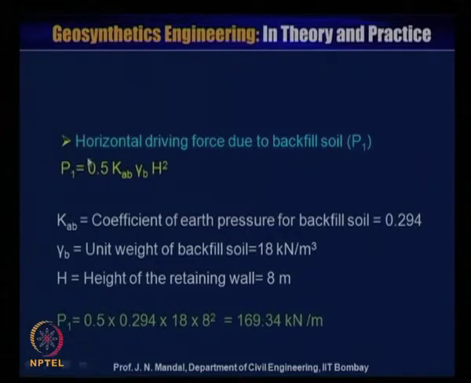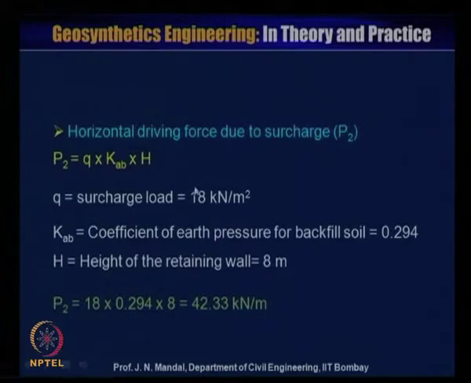So P1 is equal to 0.5 into 0.294 into 18 into 8 square. It gives a P1 value of 169.34 kilonewton per meter. That is the horizontal driving force due to backfill soil.